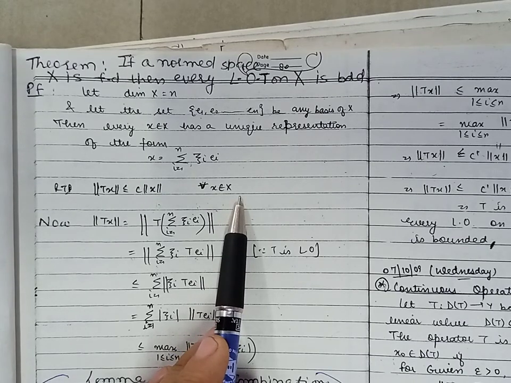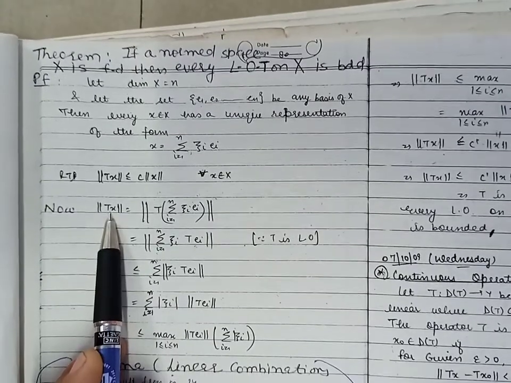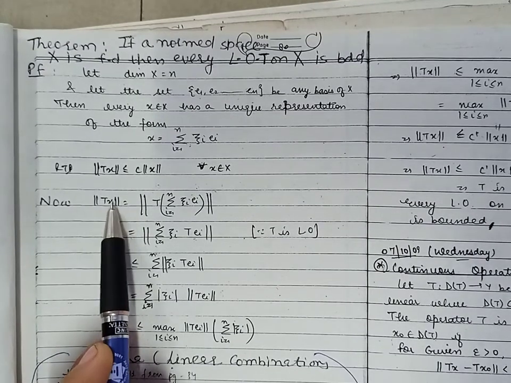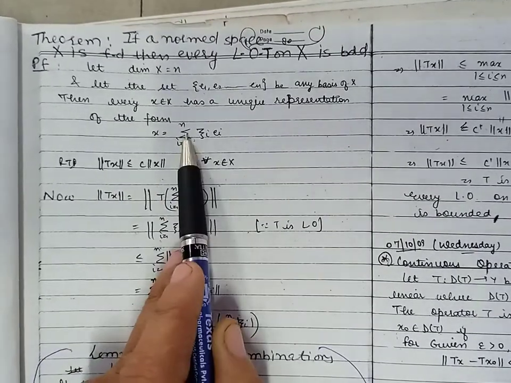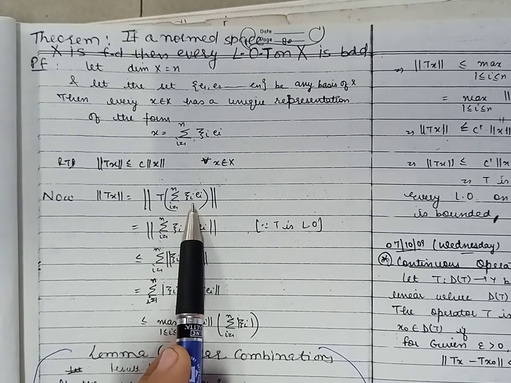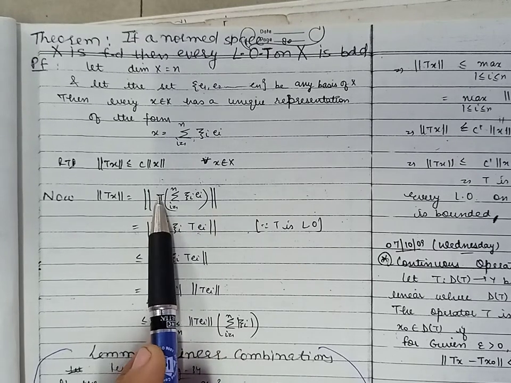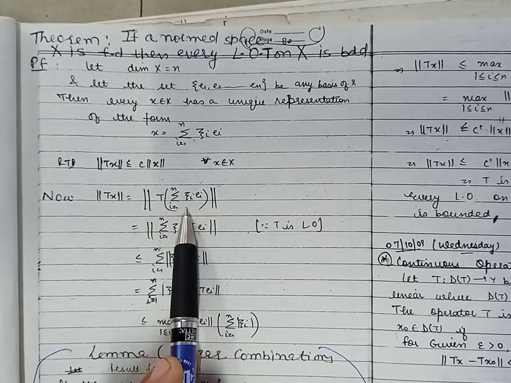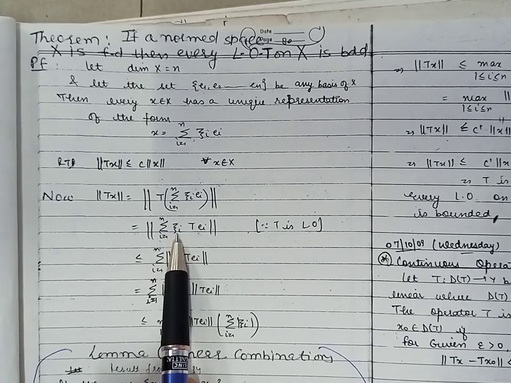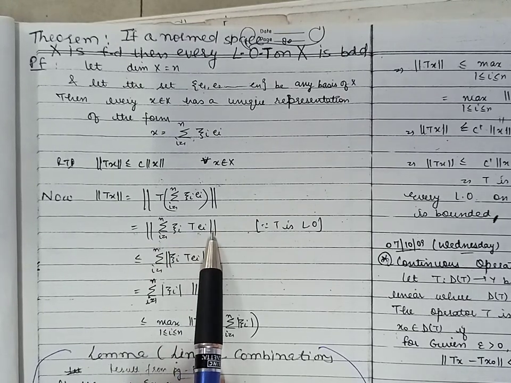So let us consider the norm of Tx. Substituting the value of x, which is the summation of xi_i e_i, and because T is a linear operator, by linearity this becomes the summation of xi_i T of e_i.